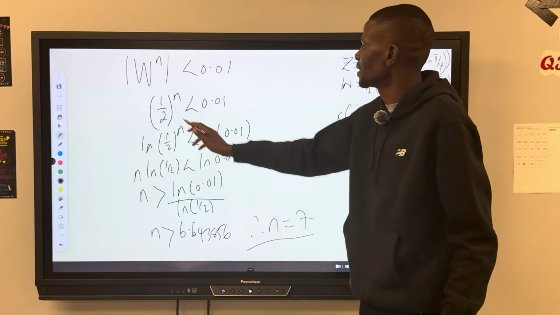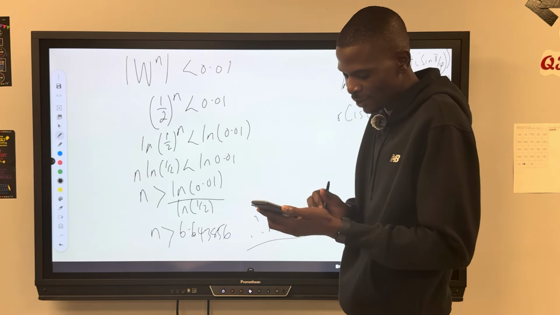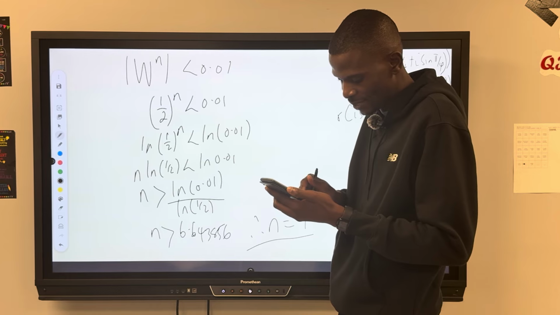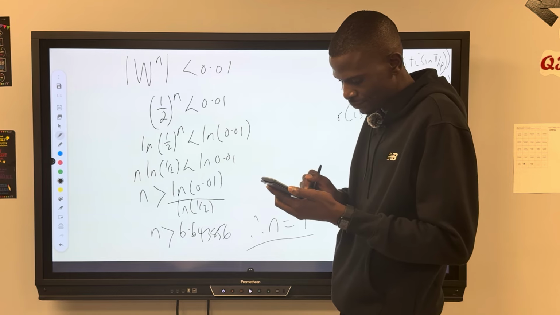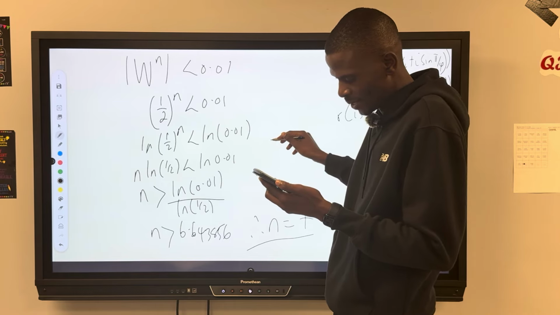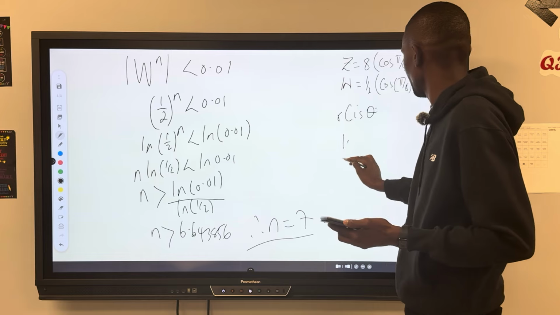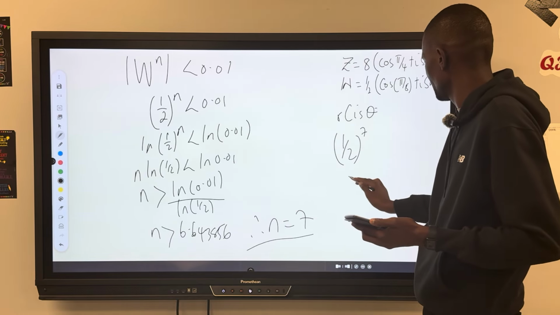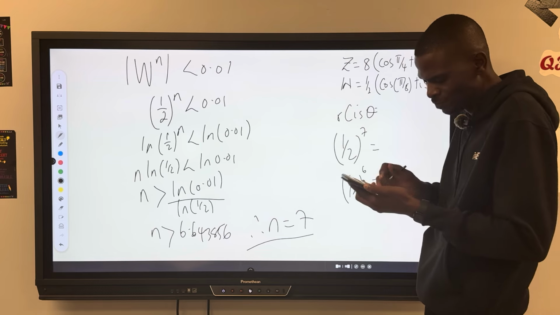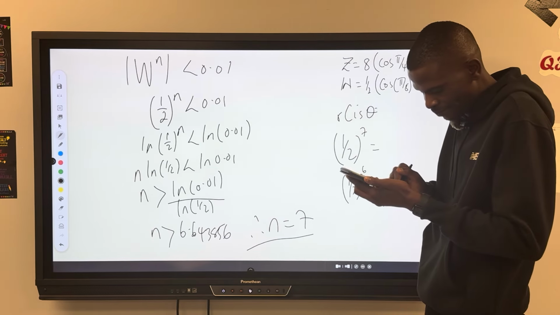If you are to raise this 1/2 to the 7th power, I just want to see. You can say 1/2 to the 7th, then 1/2 to the 6th power. What do we get here?